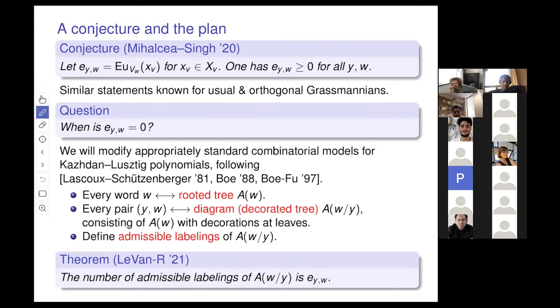One of them is algorithms to compute these numbers and then establish some properties like positivity. So in fact, there's old work of Boe and Fu who give a recipe to compute these numbers, but that somehow involves both positive and negative contributions.